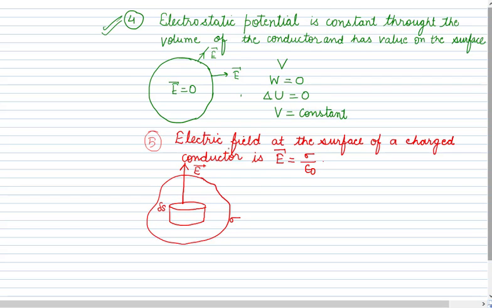Fifth point says that the electric field at the surface of a charged conductor is sigma upon epsilon naught.